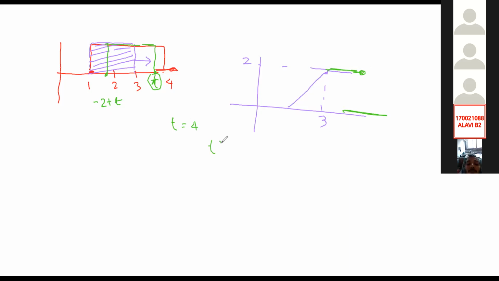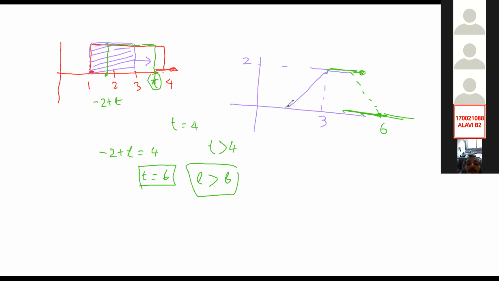Then if t is greater than 4 but less than 6, a similar thing will appear, and your output will go past your signal when t plus 2 equals 4, that means t equals 6. So for t greater than 6, your output will be 0. So this point will be 6, and your output will be something like this.